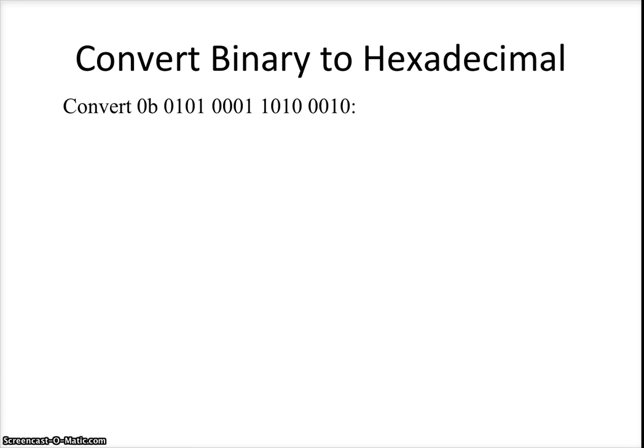All right. So what I did was I wrote it up so it's grouped up into 4-bit chunks. So that looks like this: this is the 1, 2 to the 0, 2 to the first power, etc. So this will be 2. This will be 2 to the 0th power, which is 1, 2, 4, 8. Okay, so it'll be 1 times 8 plus 1 times 2, which will give us 10.